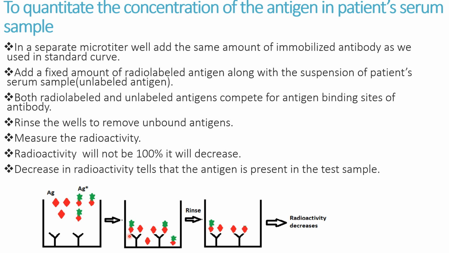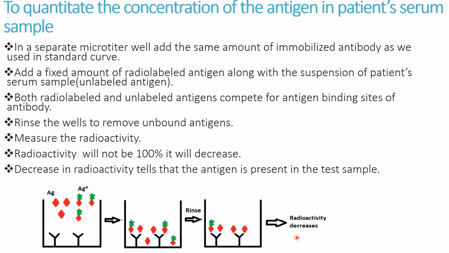Again, this amount is the same as we used in the standard curve. Along with this, we will add a suspension of patient serum sample which has unlabeled antigen. Antigen present in patient serum will compete with radio-labeled antigen for the antigen binding site in this way. Wells are rinsed to remove unbound antigen and radioactivity is measured.